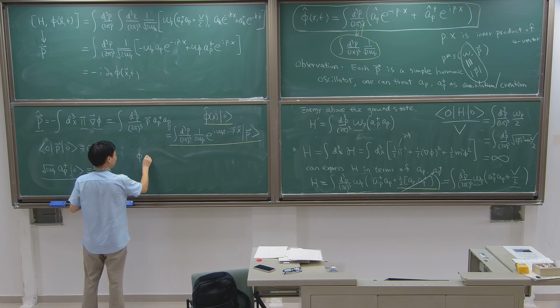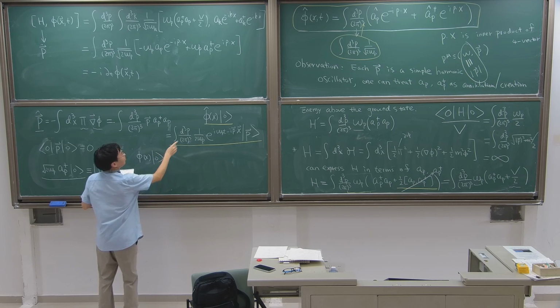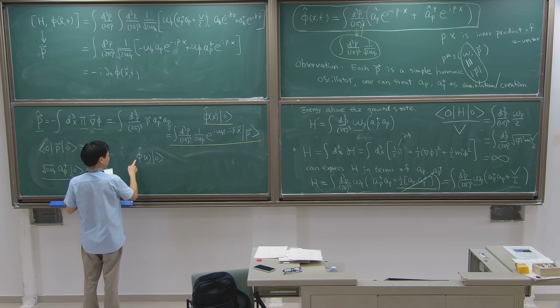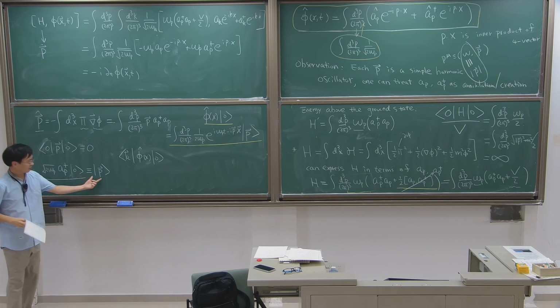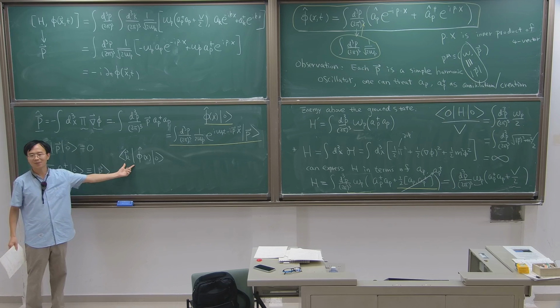For instance, you can take the state you want to interpret and take its overlap with another, already known state. You take the overlap. You can do this calculation.